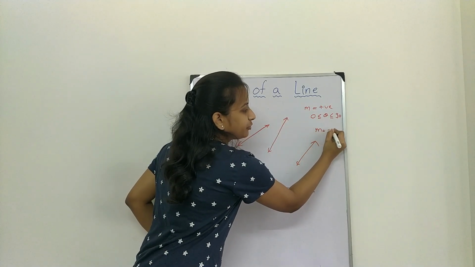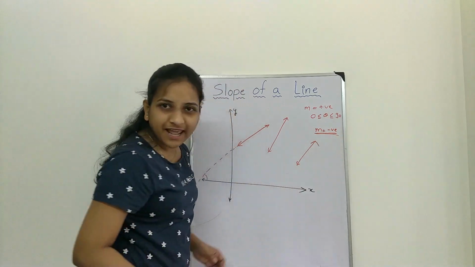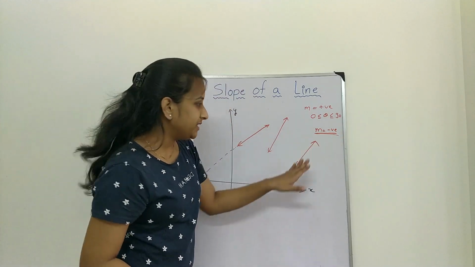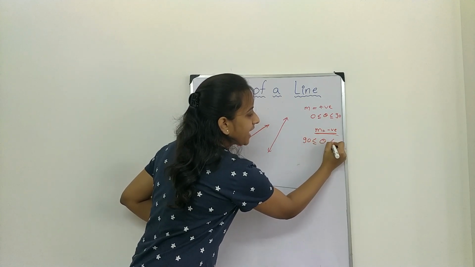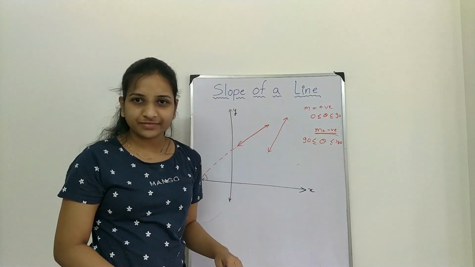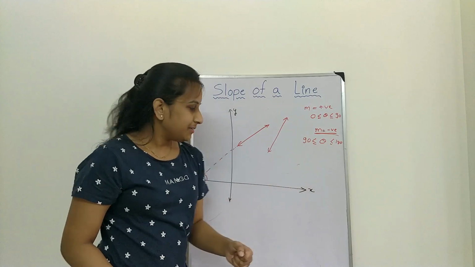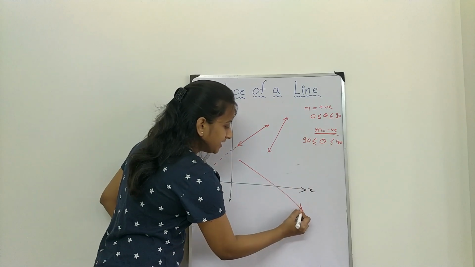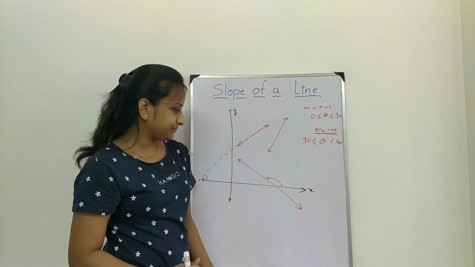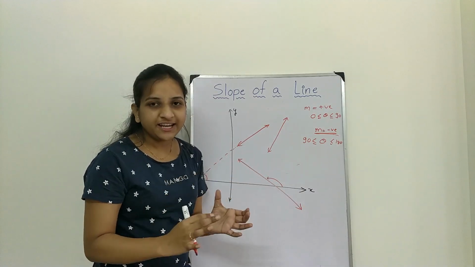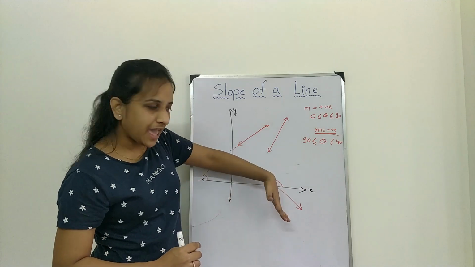Slope is negative, meaning what? Tan theta is negative, which means theta is between 90 degrees and 180 degrees. Obtuse angle means the line is making an obtuse angle with the positive x-axis. So all negative slope lines are like this.